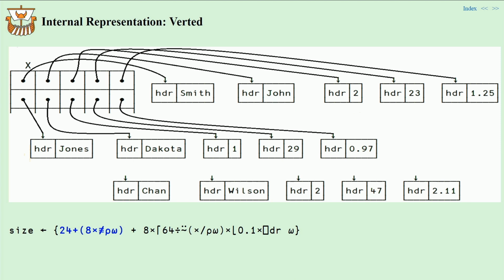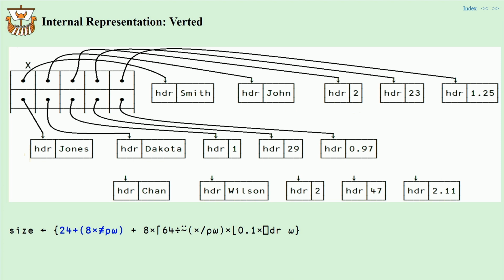So I've only shown the first two rows of the verded table. And each of those headers takes up space. And this function is equivalent to what quad size would give you for simple arrays.